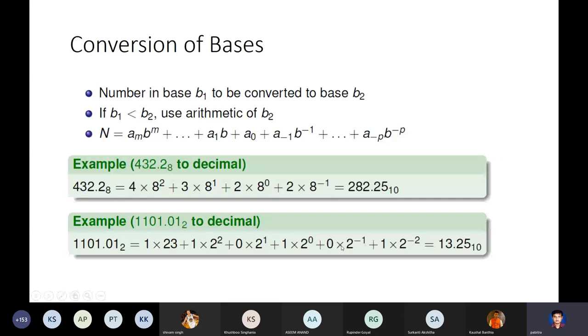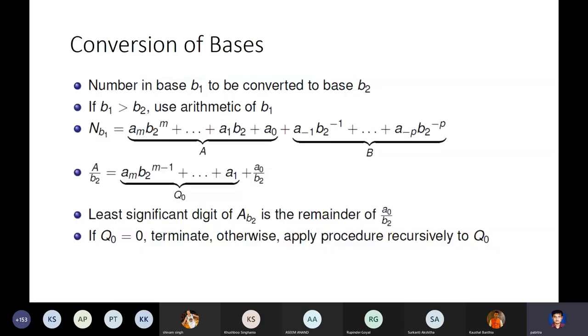Let's take the converse case. If B1 is greater than B2, for example, you want to convert decimal to binary, let's do it in the following way. B1 is greater than B2. So what is n in base B1?